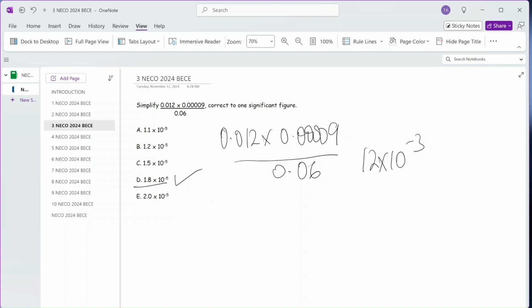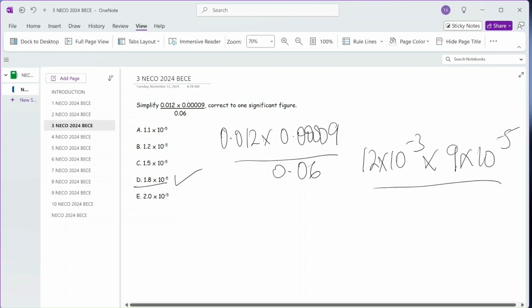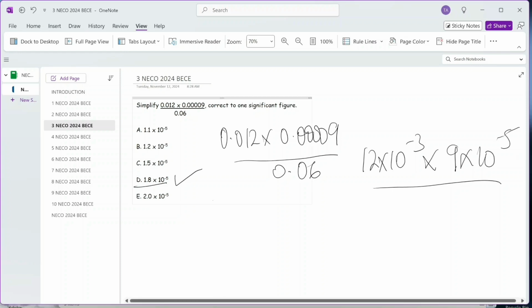We move it behind the 9, which is 5 steps, that's 9 times 10 raised to power minus 5 over, since we moved it from the left to the right, it comes with a negative. Then we have 0.06, we move it 1 and 2, that's 6 times 10 raised to power minus 2.